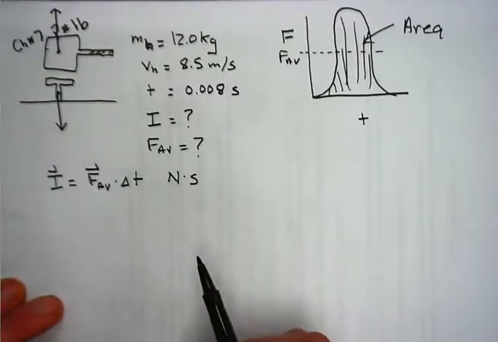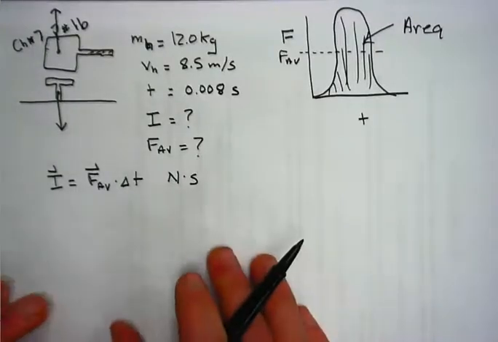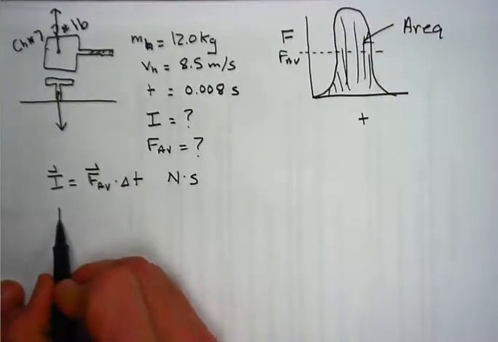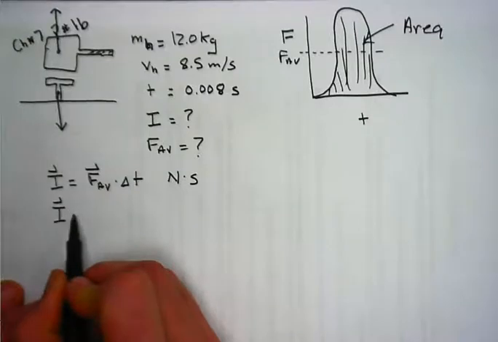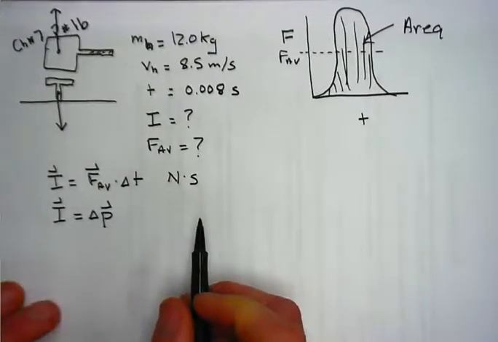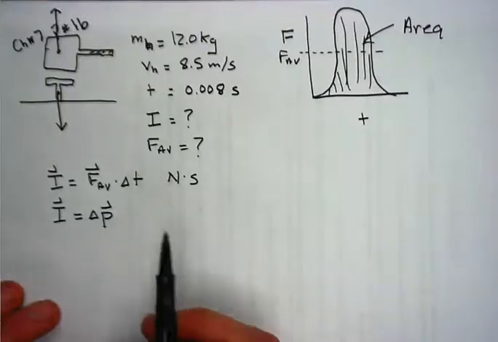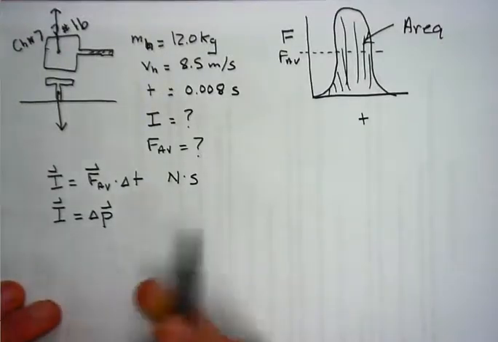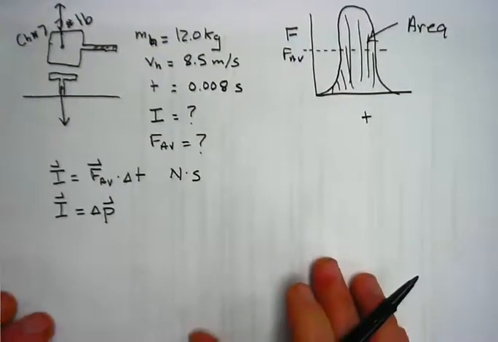So impulse is average force times time. So that's a definition, but where it's useful is we can say that impulse is equal to the change in momentum of an object. Okay, so this is going to be very useful in solving this problem in particular.